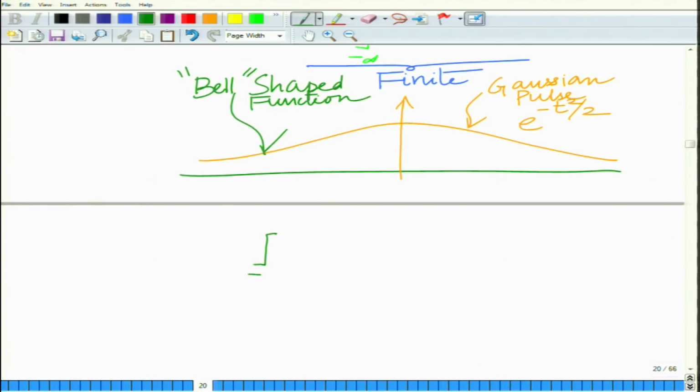So, to check BIBO stability, the integral from minus infinity to infinity of the magnitude, but this is always positive, so this is simply h of t.